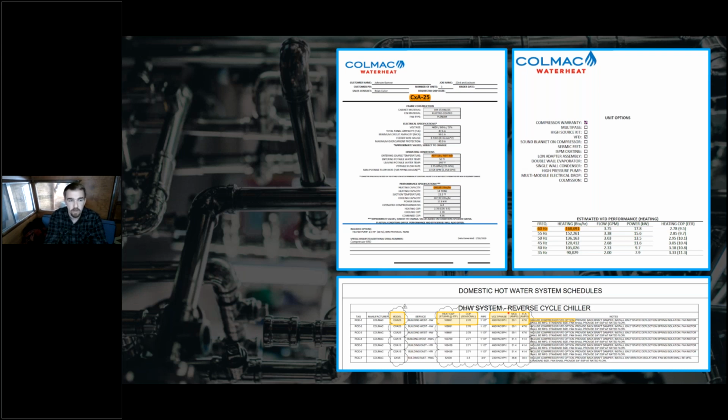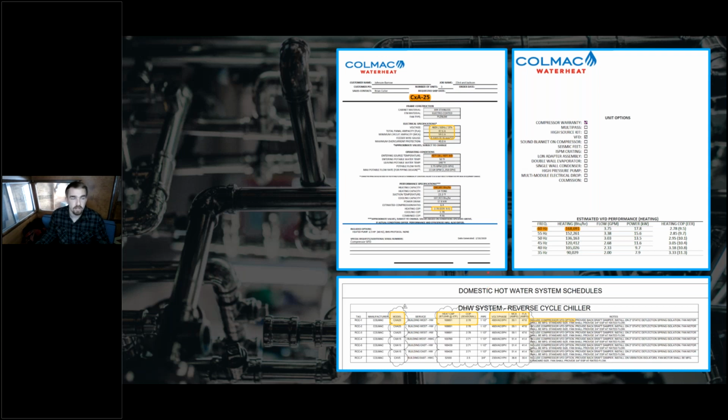Since manufacturers are always coming out with new models, sometimes these different performance values can be tweaked as the model moves forward. So the submittal information that you're sending to the engineer might have different values than what the original engineer specified the equipment based off.